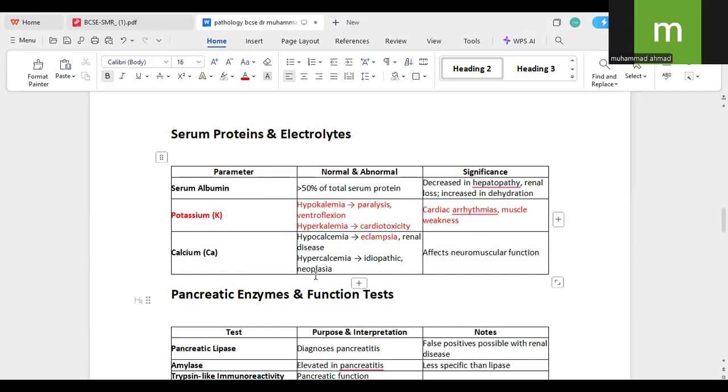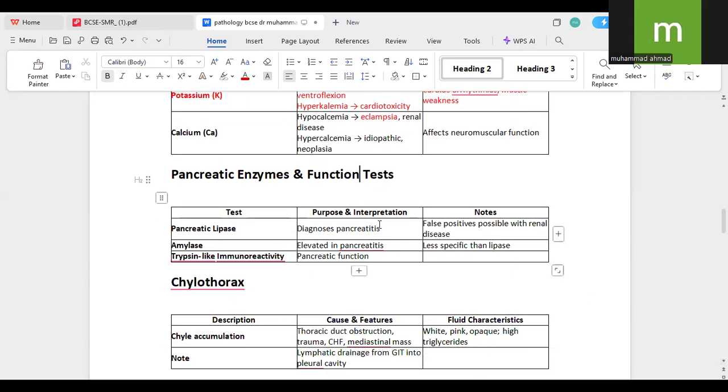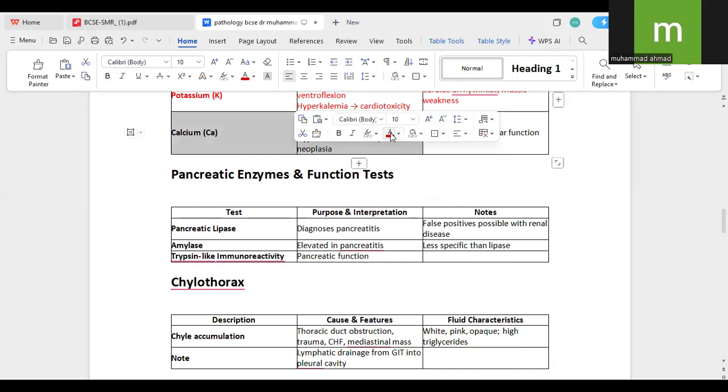Hypercalcemia: idiopathic and neoplasia. Basically, in cancer or neoplastic conditions, there is an increased level of plasma calcium, maybe due to idiopathic effect on neuromuscular function. So in cancer or tumor, there is increased plasma calcium.